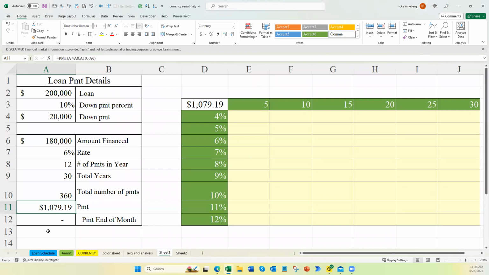Okay. So let me just point out another thing that a lot of people doing these videos, calculating payments, kind of leave out. This is one thing that you might want to consider, because a lot of people just go for the default.